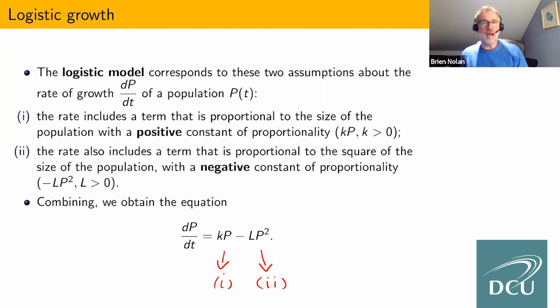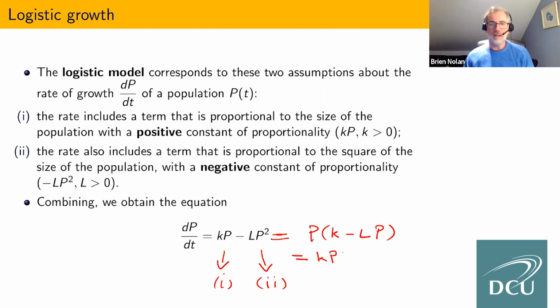And we're going to spend some time analyzing this and looking at applications of it. Before jumping in though, I'm going to change this slightly. I have a factor of P in both of these terms. This is P times (K minus L times P). And in fact, I'm going to take out the K as well. It turns out to be very convenient. So that would be K times (1 minus L over K times P). And as a very last step, I do it because I know it's going to be convenient later on.